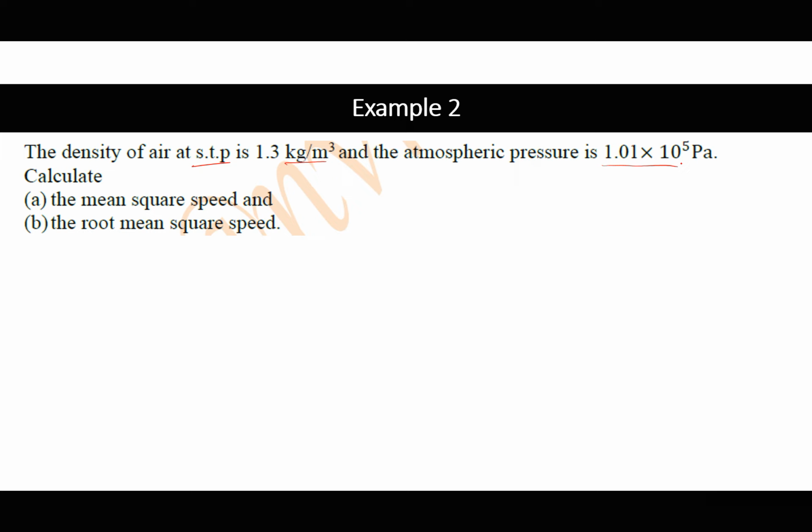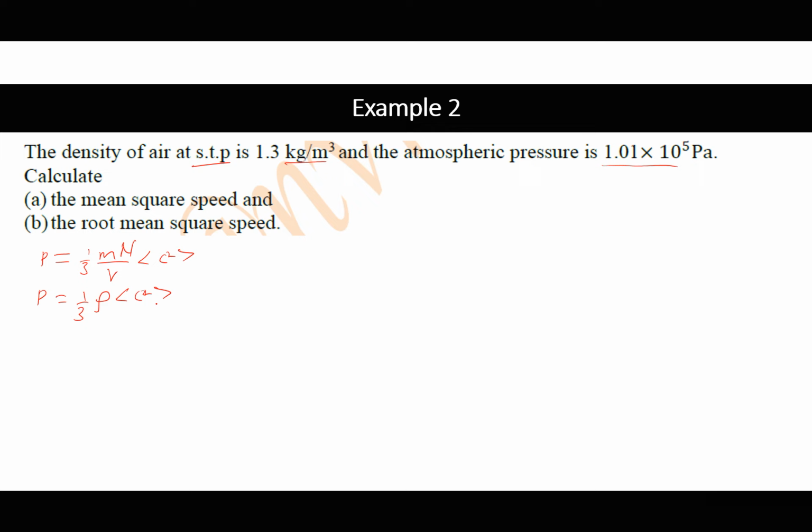So I told you that the expression P equals a third mN over V average C squared is always given in the list of formulae. But from this expression, we can also see that pressure is equal to a third times density times C squared, the mean square speed.